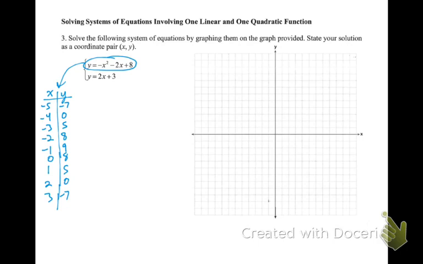So I'm going to go ahead and plot that. Start with -5, -7. Just right there, I believe. Yes, good. -5, -7, -4, 0. Then it goes up to 5, 8, 9, 8, back down to 5, down to 0, and down to -7.